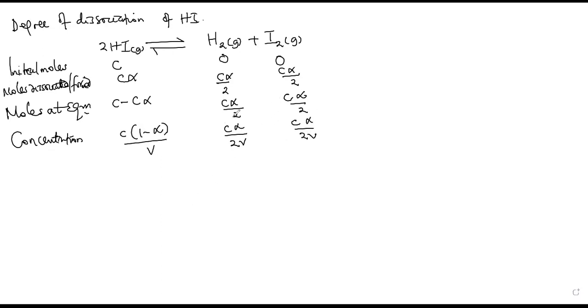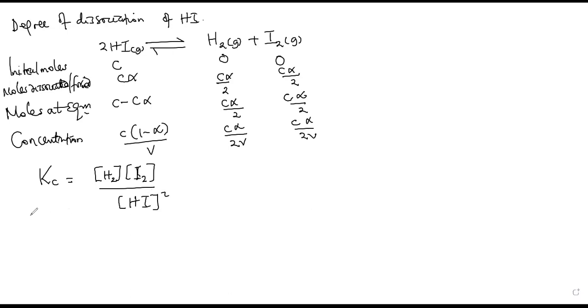Now looking at this, our value of Kc is going to be equal to the concentration of hydrogen raised to the power 1 times the concentration of iodine, because we begin with the products, then we divide by the concentration of hydrogen iodide, everything squared.